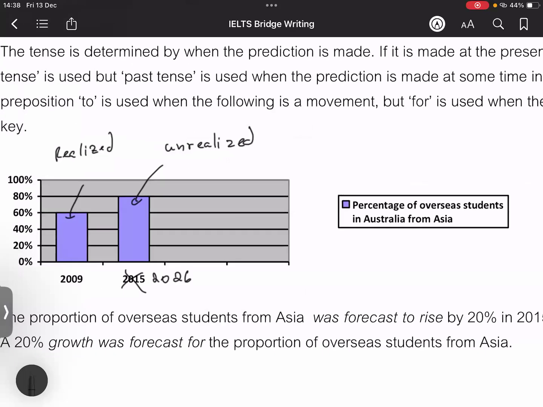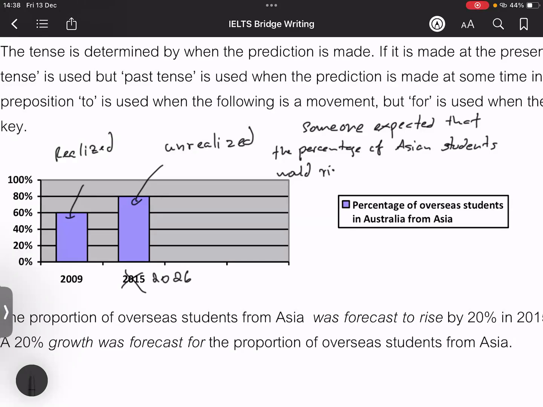So you can say some things like someone expected that the percentage of Asian students would rise to 80% in 2026.